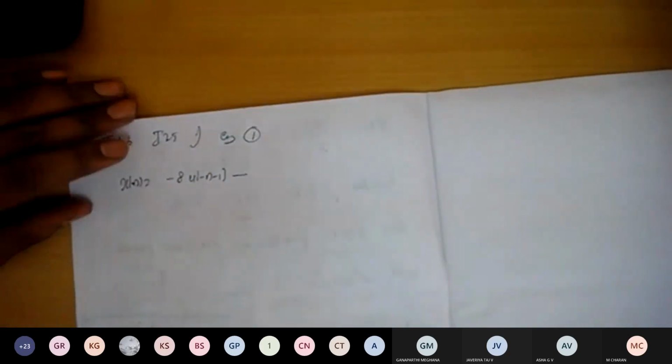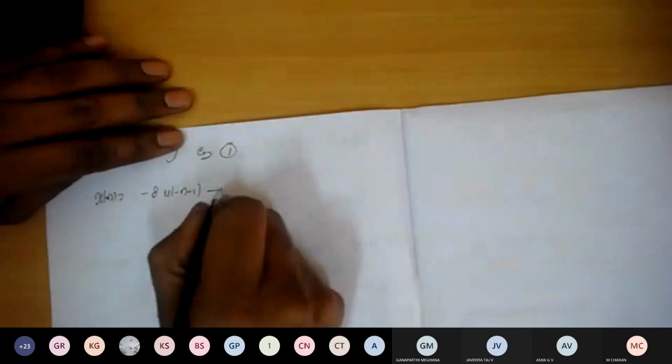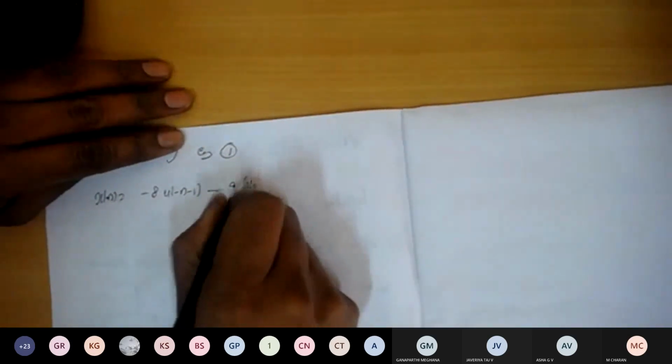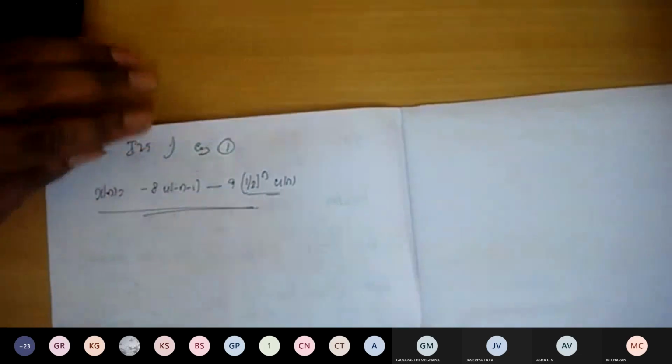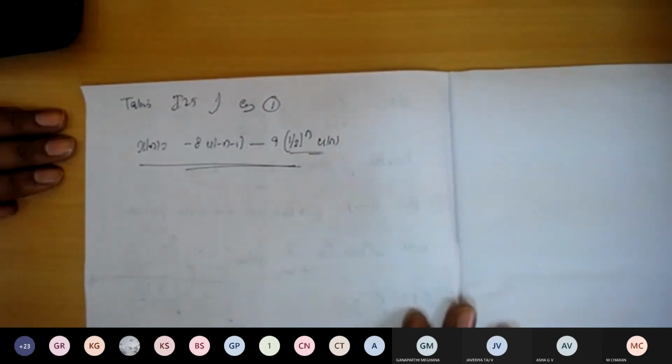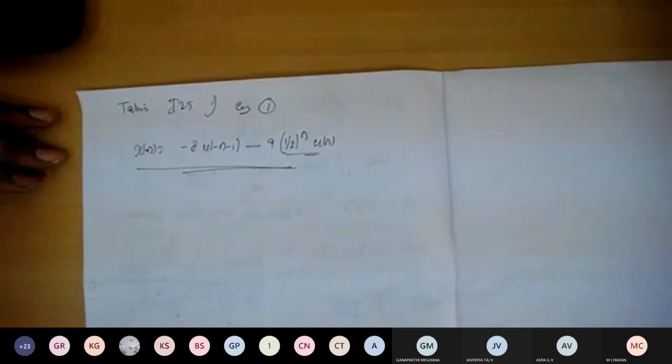For the second one, it is minus 9 into 1 by 2 to the power of n into u of n. So this is the inverse Z transform of the sequence based on the ROC.